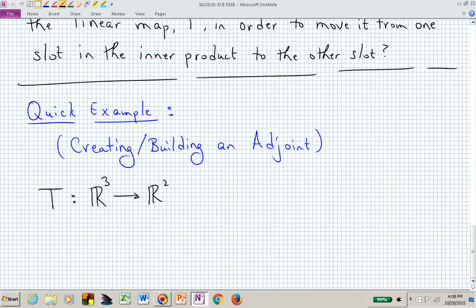So let's now look at creating an adjoint, and let's do it so that V and W are different. Here V is R3 and W is R2.